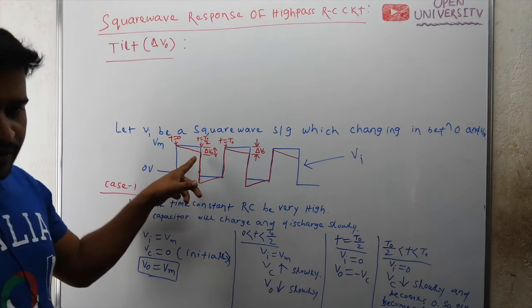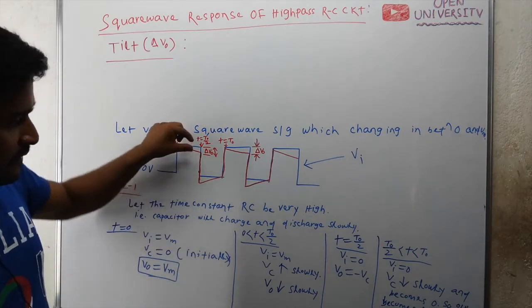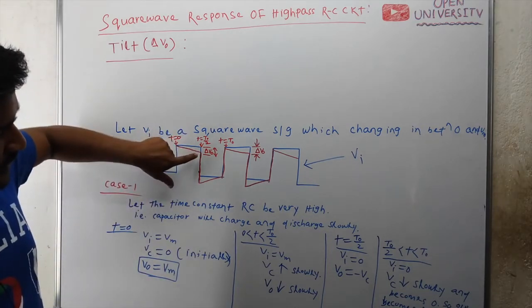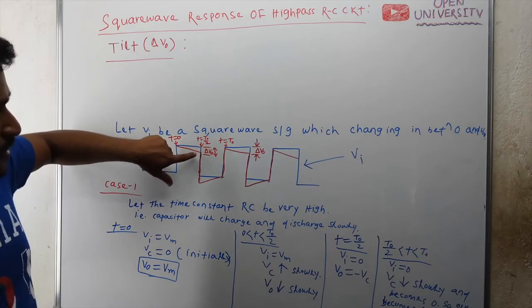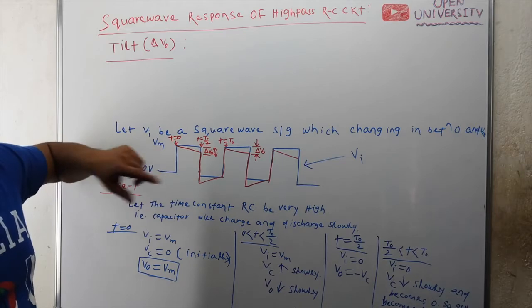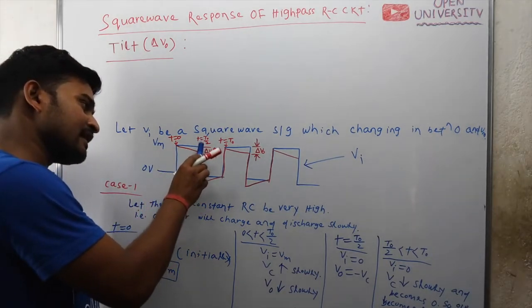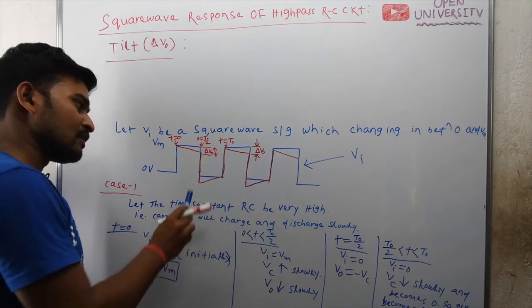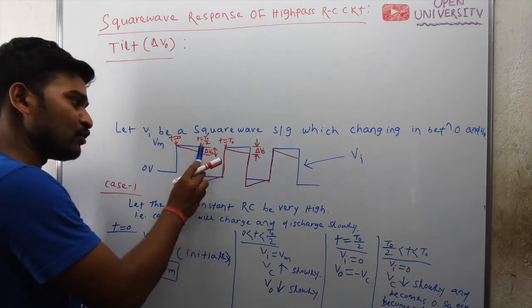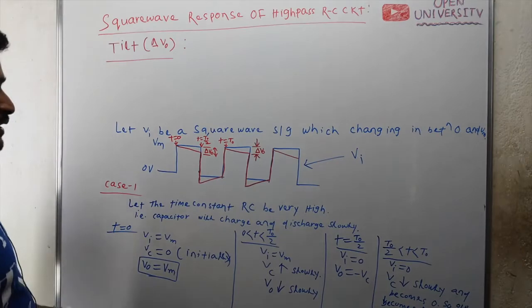This tilt is nothing but the voltage across capacitor at t equal to t naught by 2. So write down this point.